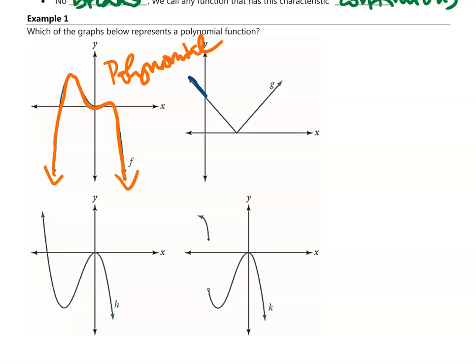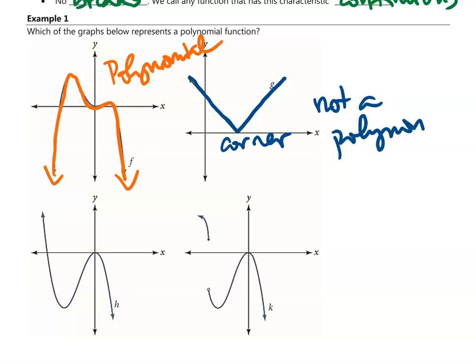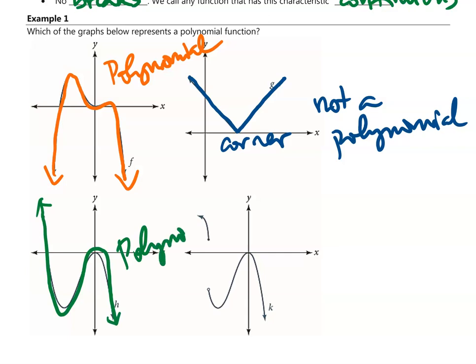If you follow this graph, there is a corner here, so this is not a polynomial. Okay, how about this one? If you follow this graph, there is no break, it's continuous, it's very smooth, so this is a polynomial.